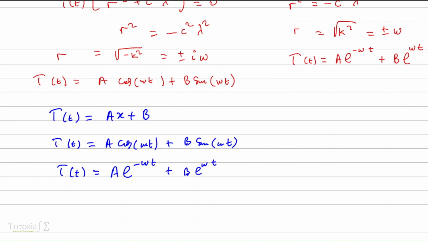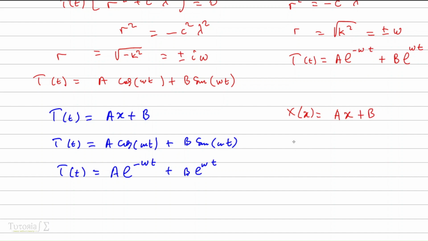Same applies. Give me the solutions for x, the 3 solutions of x. First one was X of x is equal to ax plus b.